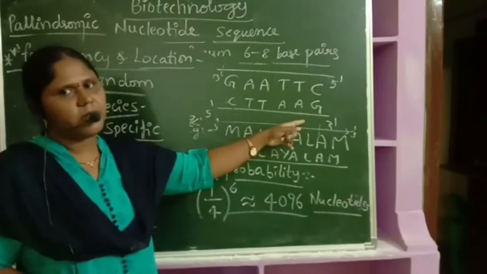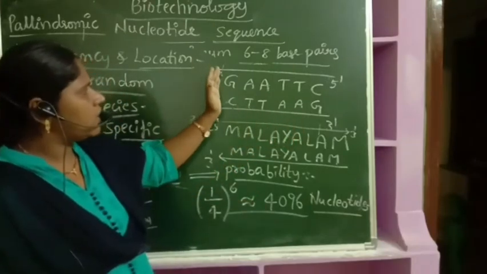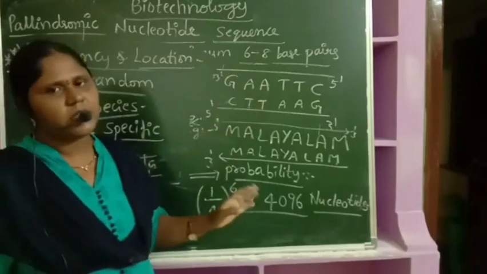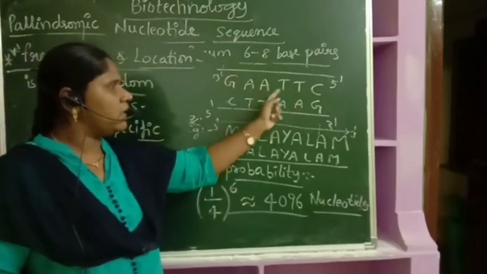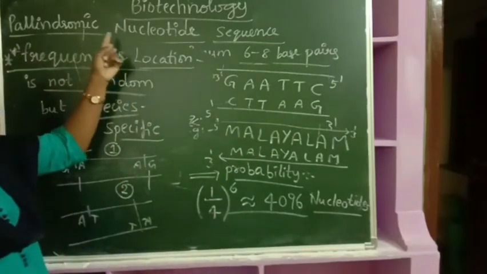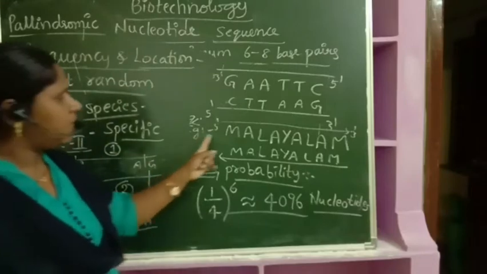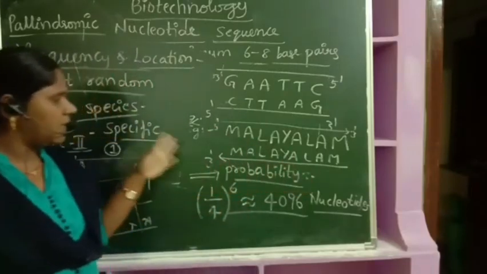If you read the opposite strand in the same direction, GAATTC will be there. When the two strands look similar when read from opposite directions, it is called a palindromic nucleotide sequence. Like Malayalam: it starts from M, and in the other direction also reads the same, Malayalam.